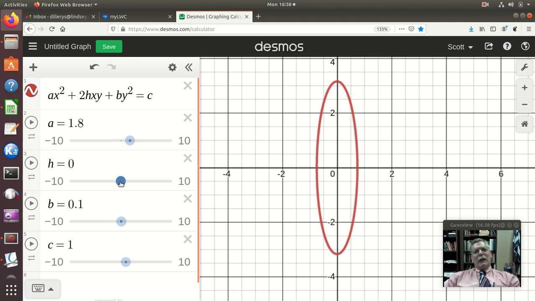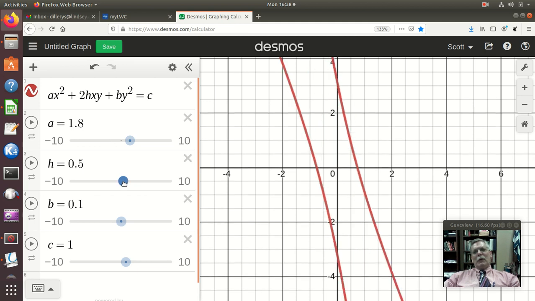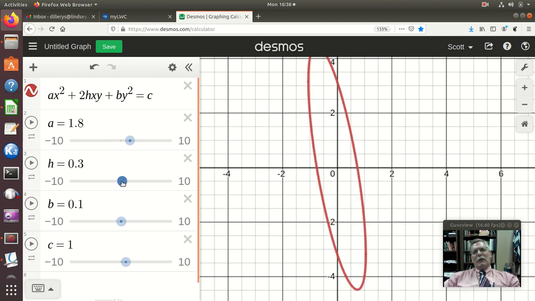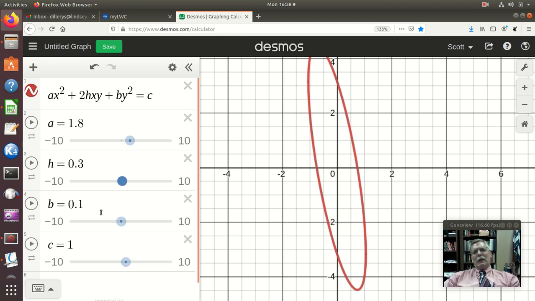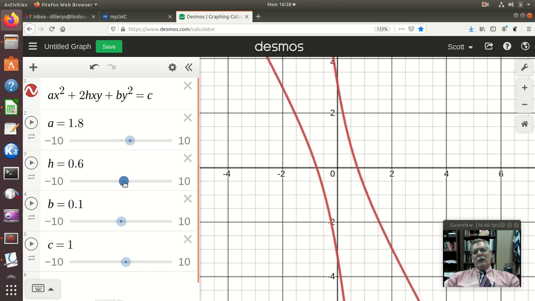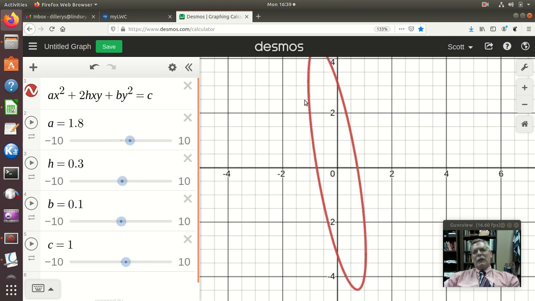However, it starts to get a little more complicated if I mess with h here. Notice that when I start moving h, I still have an ellipse, but you see it's rotating. And if I take it too far, then I get a hyperbola, but it's also still rotating. The major and minor axes that go through, for instance, this ellipse, are no longer lining up with my x and y axes.